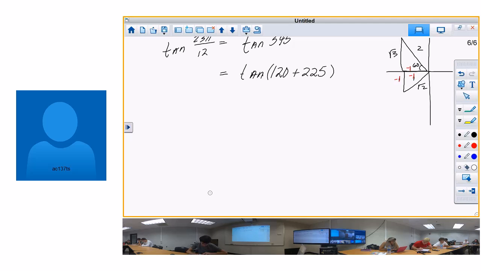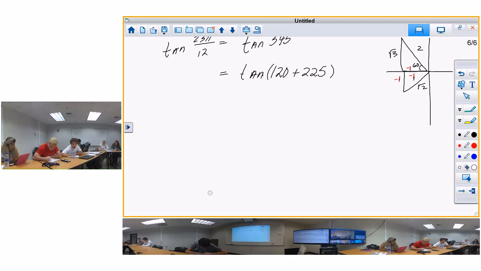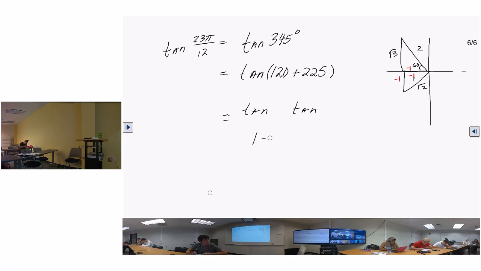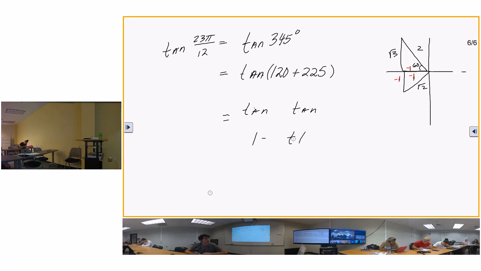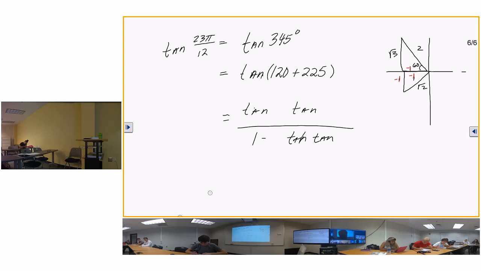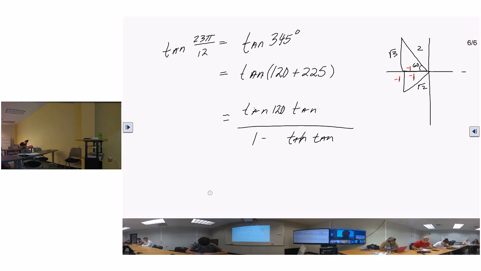And if you know it's minus on the bottom, then it's going to be plus on the top. Tan plus tan over 1 minus tan tan. 120, 225.